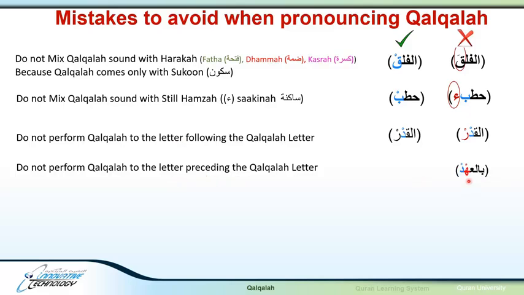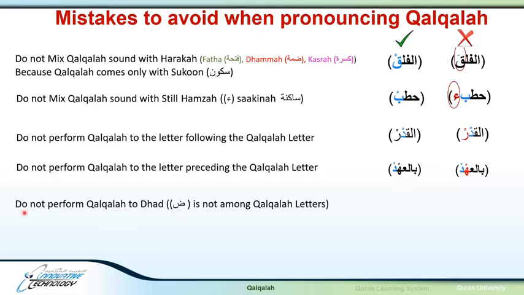The qalqalah is at the end here, on the dal, and some people not only make qalqalah to the dal, but they also make qalqalah to the ha, and that's wrong. So we shouldn't say bil-ahad. This is wrong, and the right way of saying it is bil-ahd. One more mistake is making qalqalah for dad.